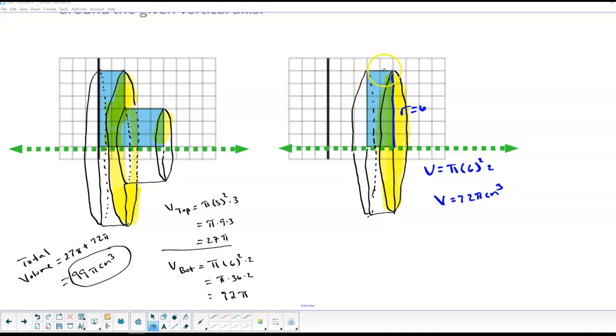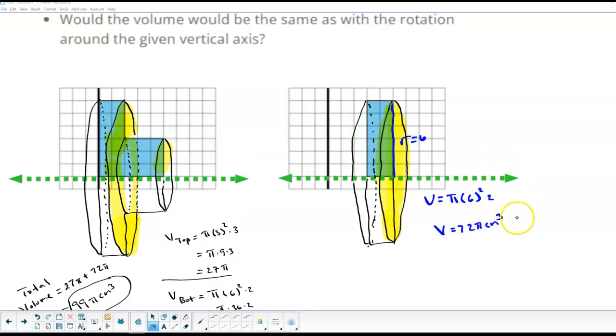Remember, height is the distance between the bases. So the radius squared times the height would give me 36 times 2, or 72 pi centimeters cubed. So just because we're rotating the same solid but around a different axis doesn't guarantee that the volumes will always be the same. You do have to check those.